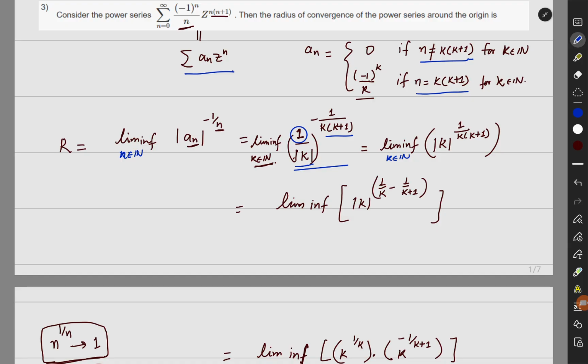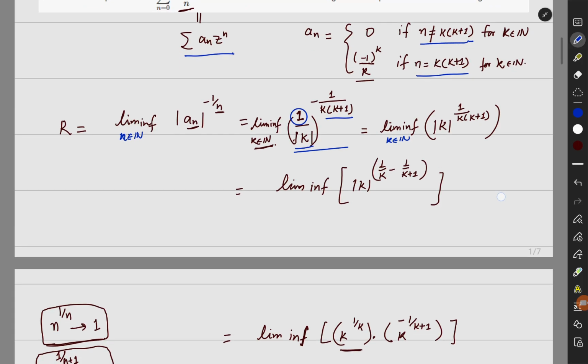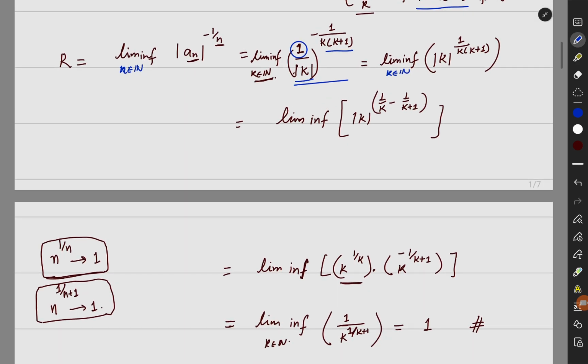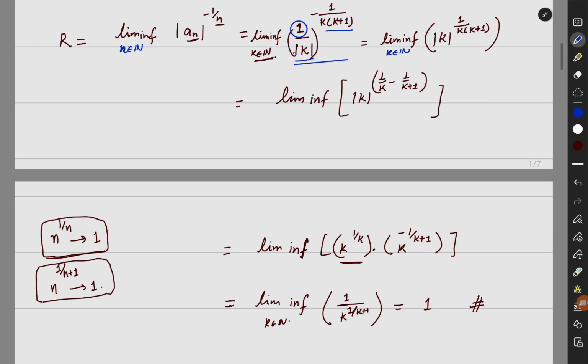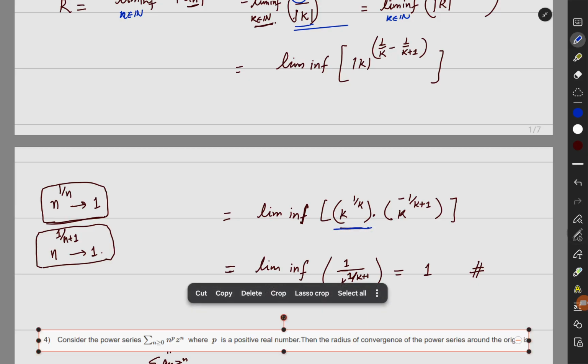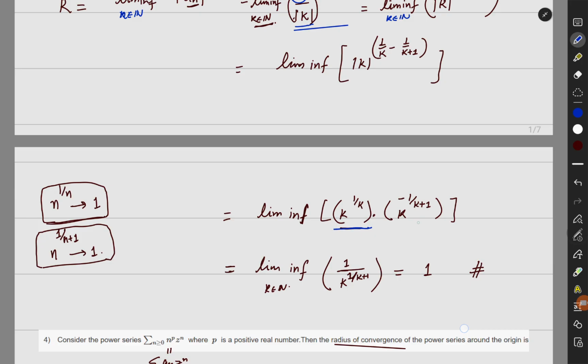Now k is a natural number, so we are going to remove the modulus, and 1 upon k into k plus 1 becomes 1 upon k, minus 1 upon k plus 1. So distributing these powers, the first term becomes k to the power 1 by k, and the second term becomes k to the power minus 1 by k plus 1.